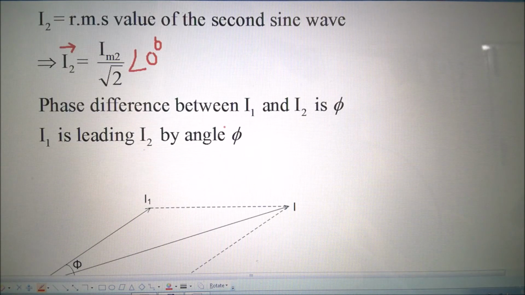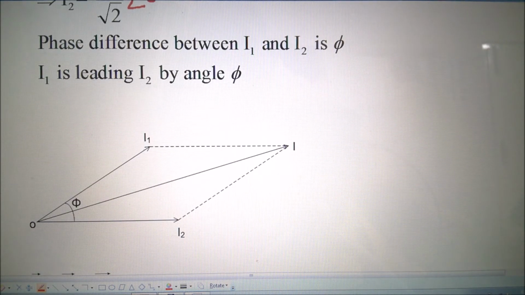Now, we'll draw this. If we express I2, the length will represent the magnitude, and the angle will be represented with respect to the reference line. We have taken I2 as the reference, so it is at 0 degrees. I1's length represents its magnitude, and phi, by which it is leading I2, represents its angle.